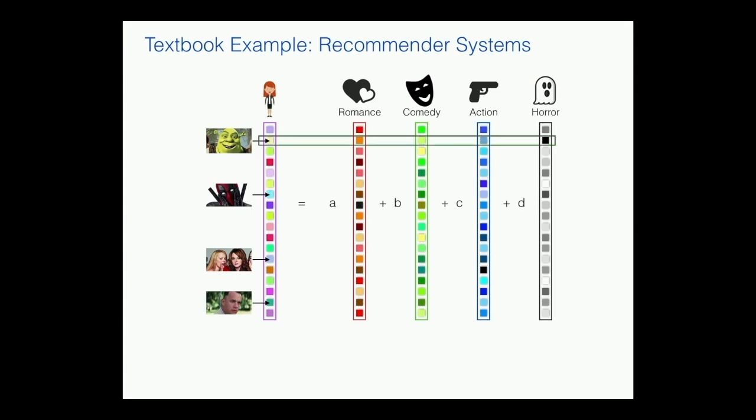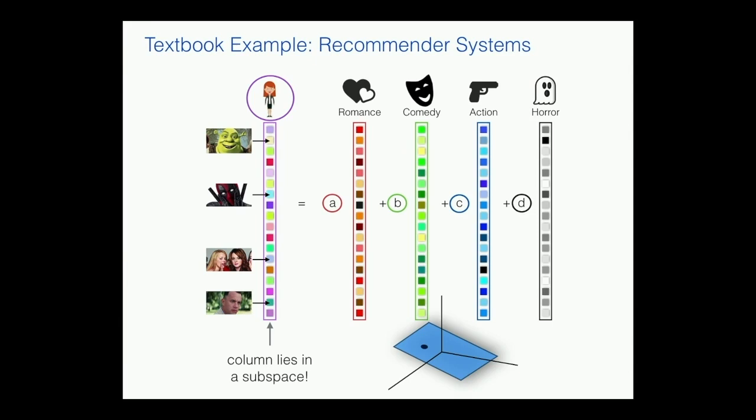So her rating of Shrek is some linear combination of those different things. We can learn what those coefficients A, B, C, D are for this person, and that puts her as a point in a low-dimensional subspace, the subspace spanned by those base preference vectors.